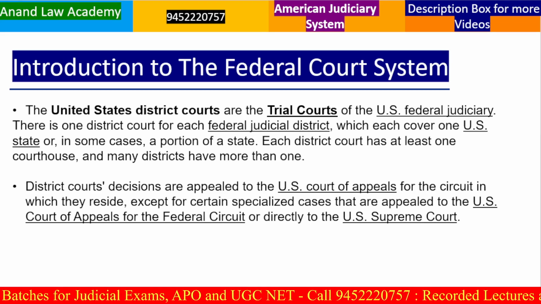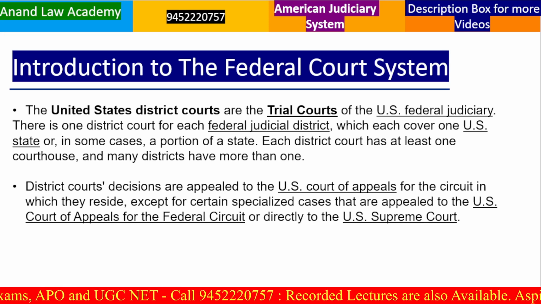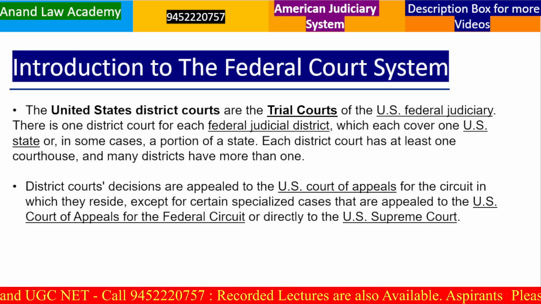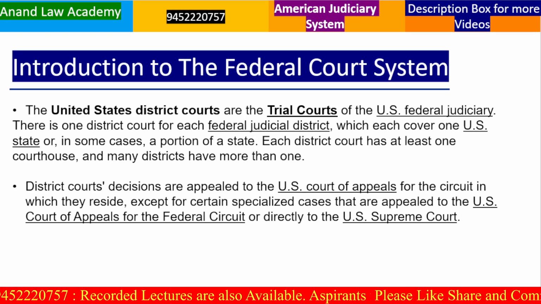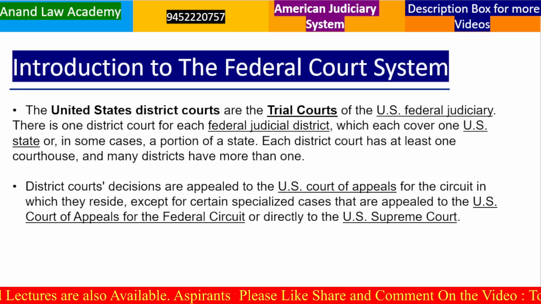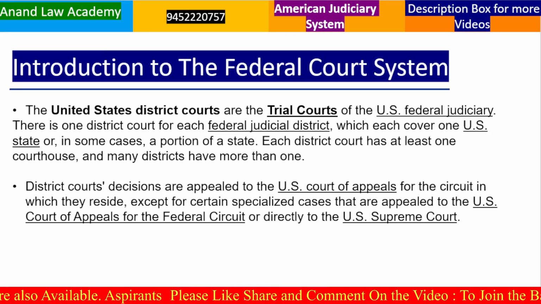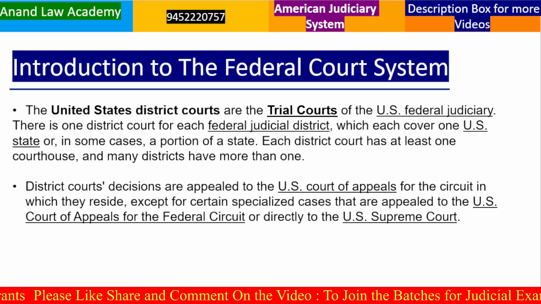Now, the United States District Courts are the trial courts of the US federal judiciary. As there is a federal system in the US, that's why it is known as the US federal judiciary. There is one district court for each federal judicial district. Let us talk about what a judicial district is.